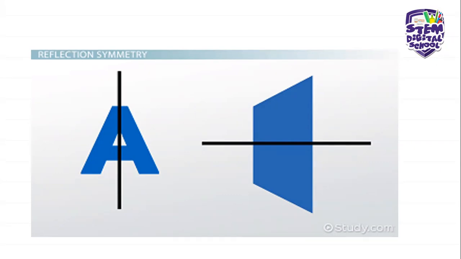I've given you the first two now, and of course, we are talking about a line that can cut your shape in such a way that the two halves reflect each other. The two halves have to definitely reflect each other. And we have defined this as the line of symmetry.